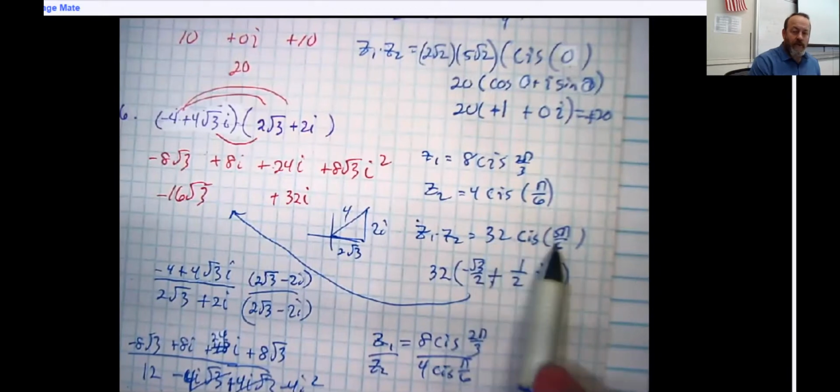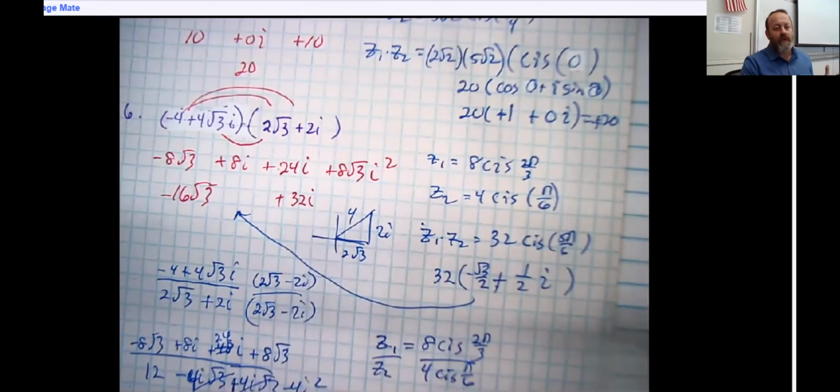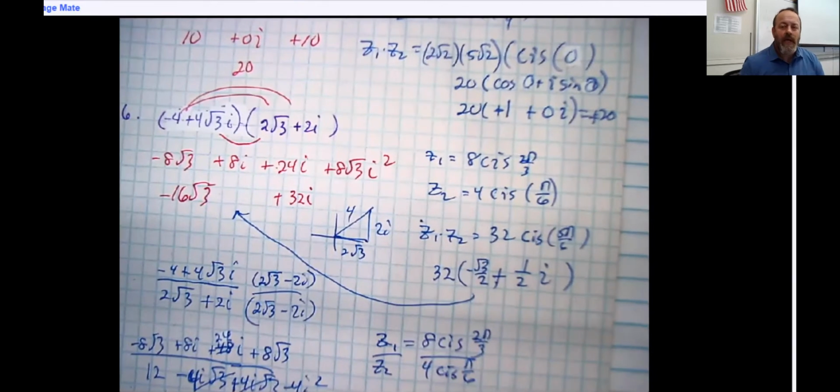You get your answer in trig form, and the protocol is usually to rewrite it in the regular old complex form that you've learned back in Algebra 2. So this is sort of a vehicle to kind of go around and get back to an answer in another way, which sometimes is more complicated, but sometimes it's far, far easier. So we'll see some of those far, far easier in the next video.